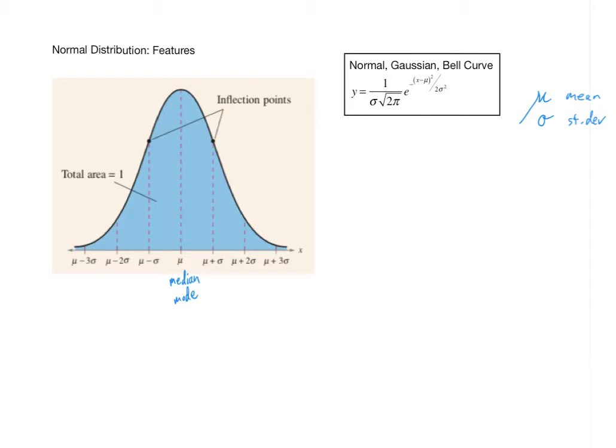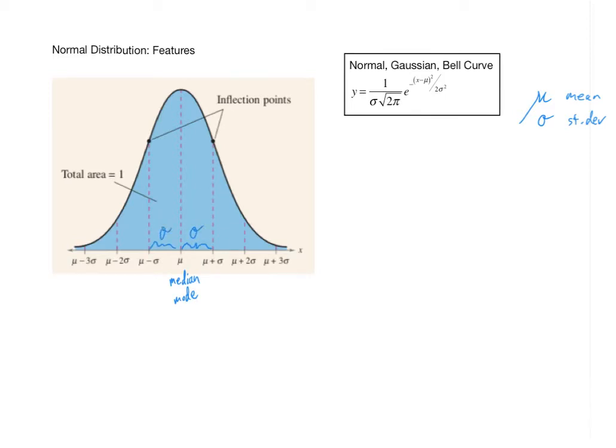The key, absolute, essential feature with the inflection points, though, is this. The actual data value that corresponds to the right of the mean, specifically at the inflection point, is precisely mu plus sigma, where sigma is the population standard deviation. So this distance right here is precisely sigma, and this distance right here is also sigma.